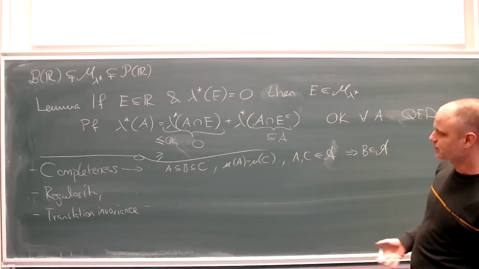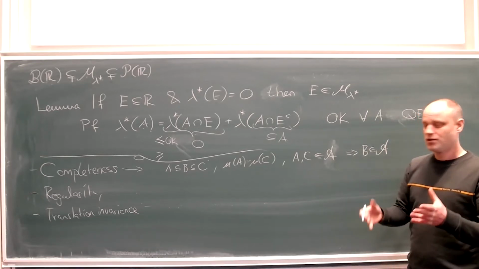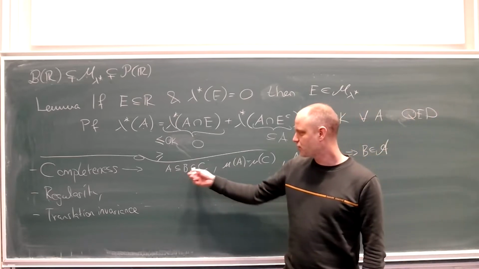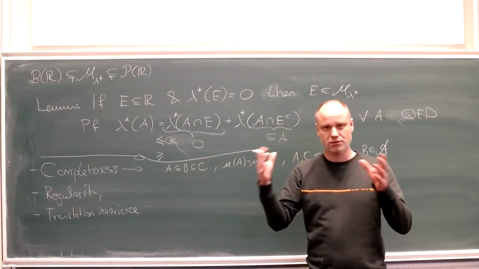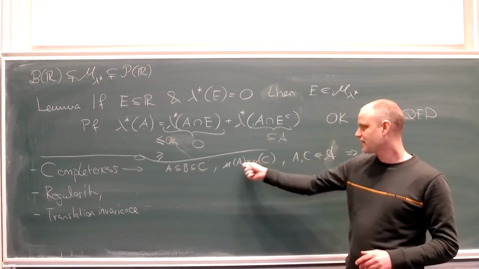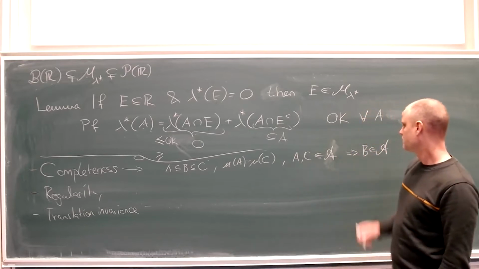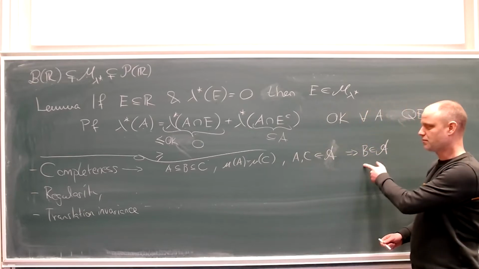This is a completeness theorem. So if you have a set B which is squeezed in between two sets, and the two sets have the same size, so it's sitting in the middle there, then it's also going to be measurable.